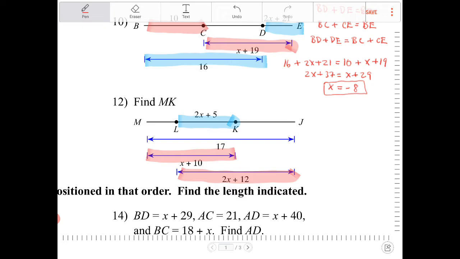This LJ, this guy right here, this is LJ. LJ plus ML make up the whole entire length, MJ.